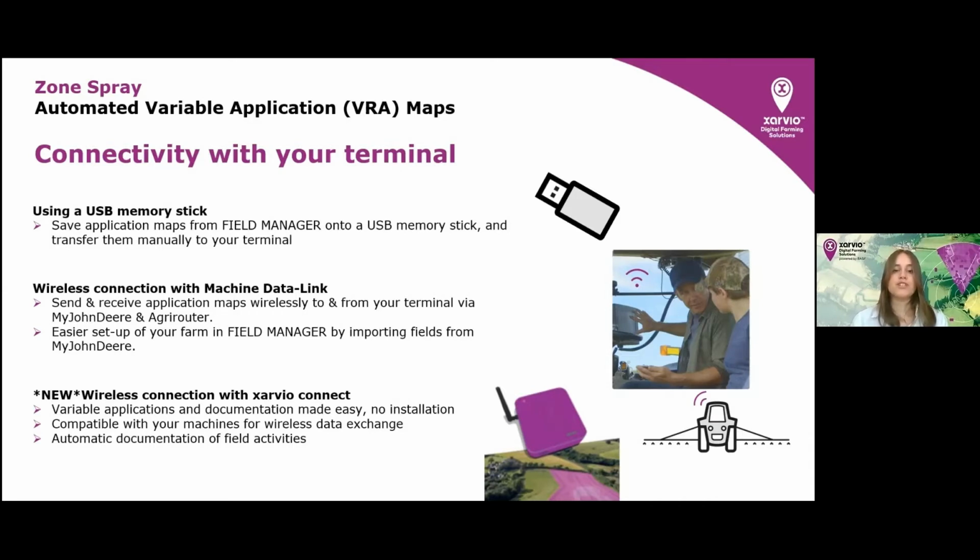So once you've created your maps on xarvio, you can automatically send it to this little purple box here, and it will wirelessly connect and send over the application map for you. So that's something that's coming out in the future, so worth looking out for.